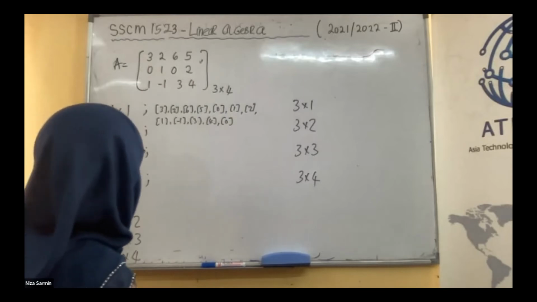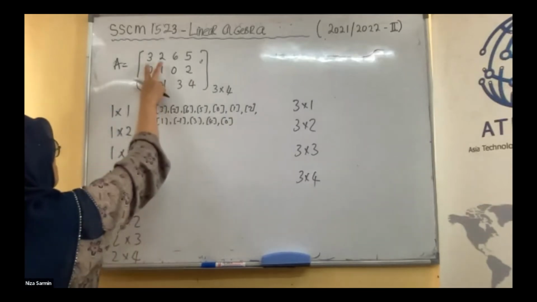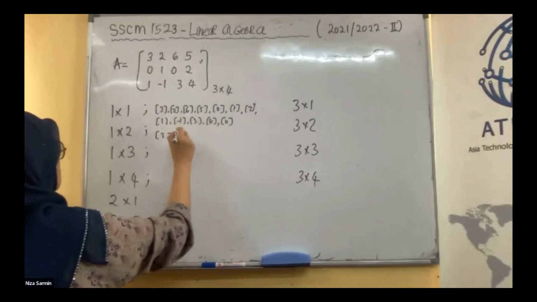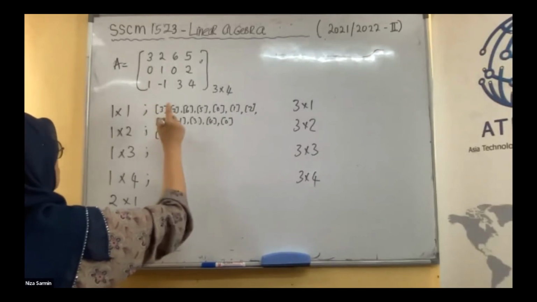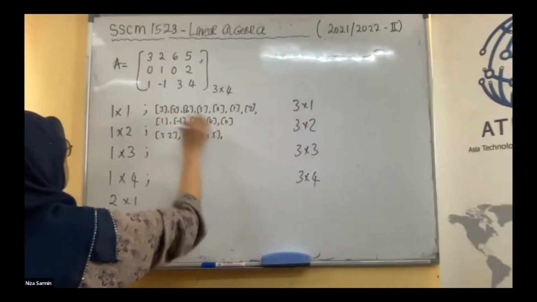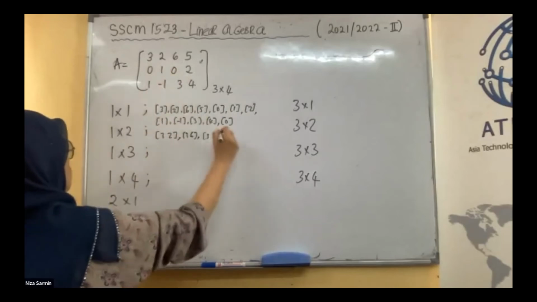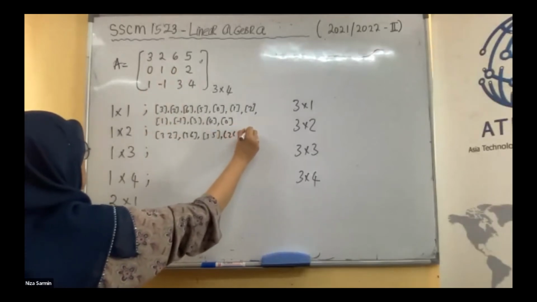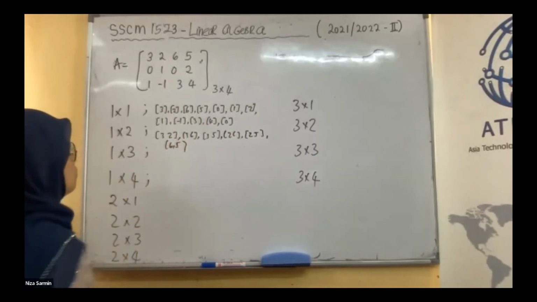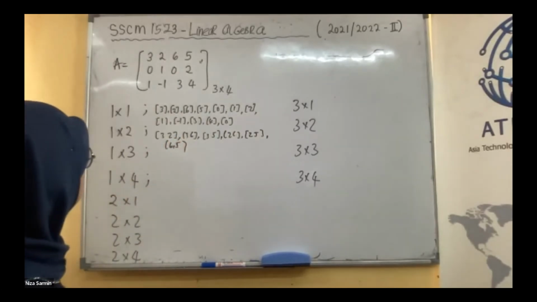Then for a 1 by 2, you just take any 2, right? I'm not gonna go every single one, but 3, 2, 3, 6, 3, 5, 2, 6, 2, 5, 6, 5, and you can finish all, right?